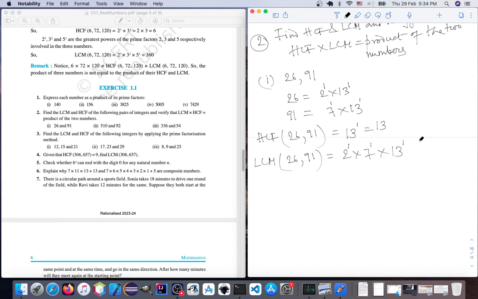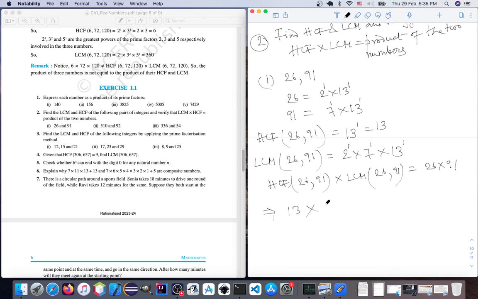Now it says to verify whether HCF of 26 and 91 into LCM of 26 and 91 equals 26 into 91. HCF is 13.